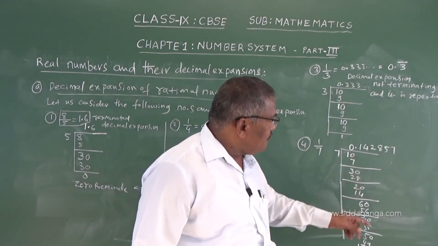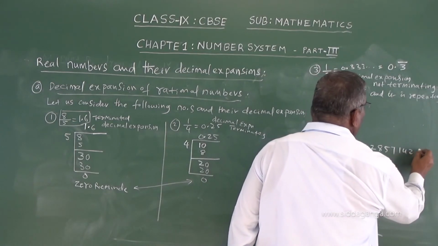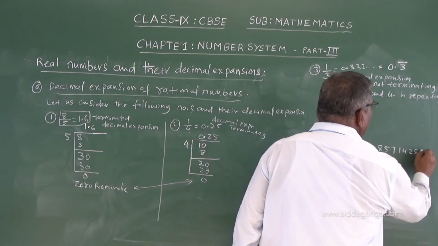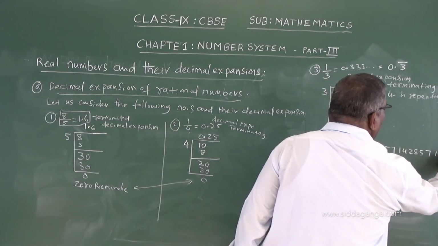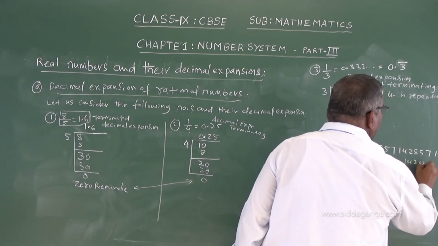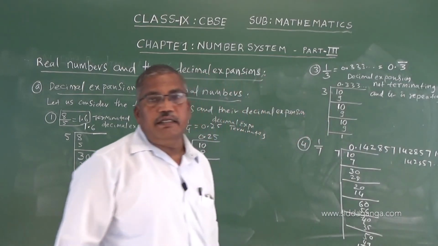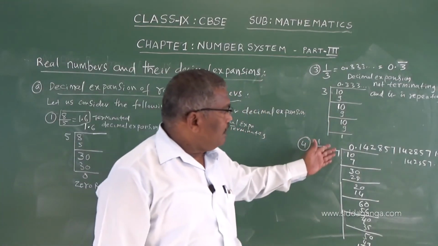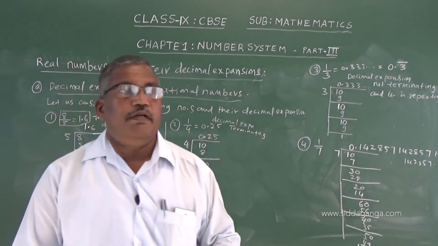The same process will continue. So we will get 1 4 2 8 5 7 1 4 2 8 5 7 and so on. It will never end. The quotient will repeat like this: 1 4 2 8 5 7.